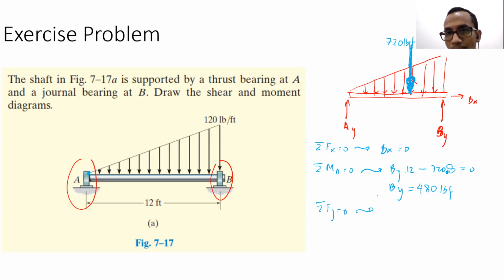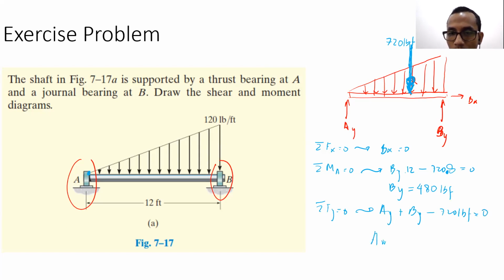Then using sigma Fy equal to 0: AY plus BY minus 720 lbf equal to 0.